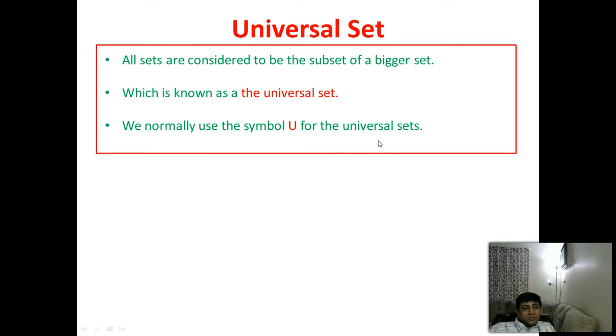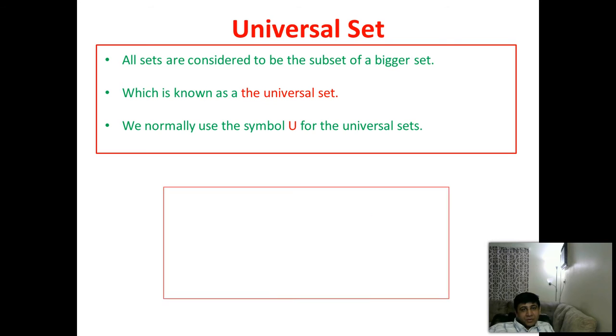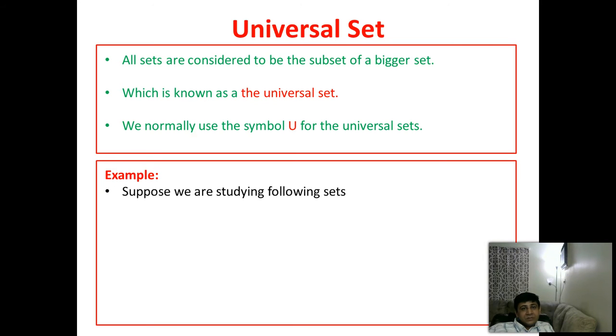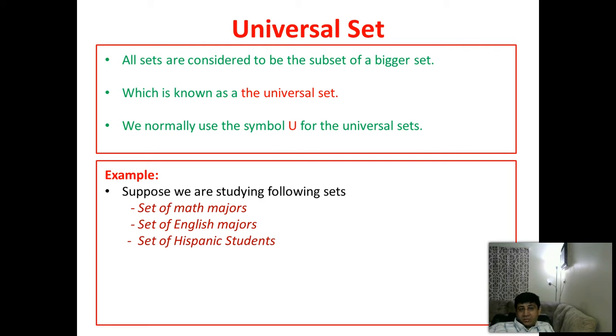Now to give you an example of a universal set, suppose we are studying any of the following sets here. Suppose we are studying the set of math major students at USC Upstate, or the set of English major students at Upstate, or Hispanic students or Asian students.